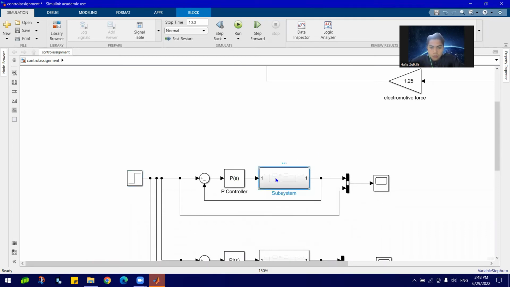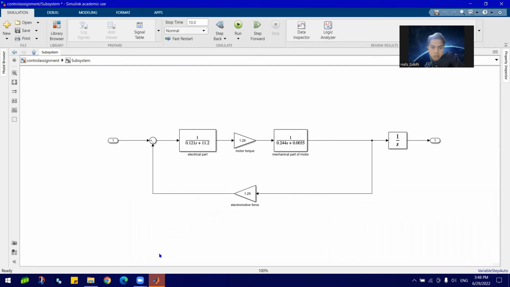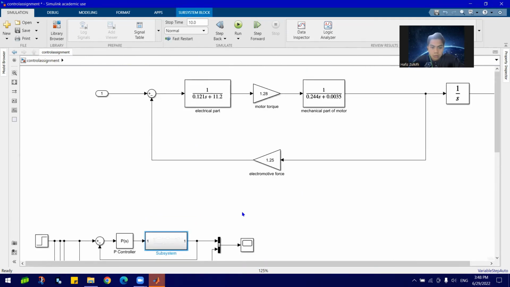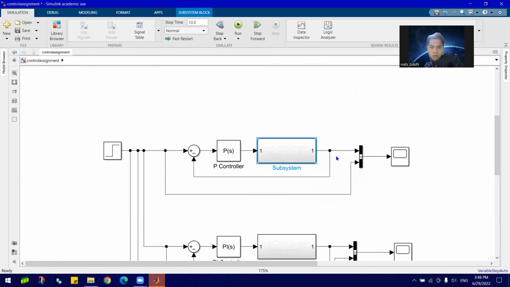A subsystem is, when you click on it, the main block diagram, which means the subsystem represents this whole block diagram. So we close the circuit, closed loop, and then this is to get the input versus P controller response.